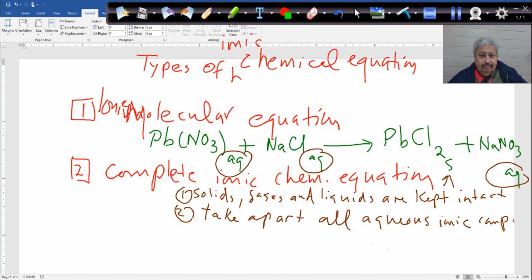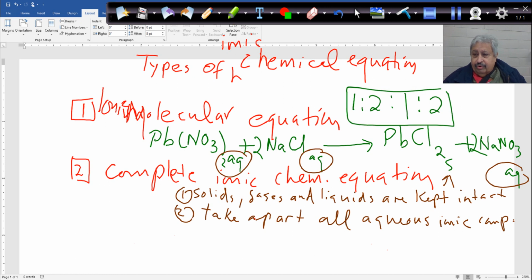Then I have here lead. This is 2 here, by the way. And we have to balance it. So 2 chloride, I put 2 here, correct? And I have nitrate 2, sodium 2, so I put 2 here. So this is 1 to 2 to 1 to 2. This is the mole ratio or coefficient ratio. So let's look at this. This has AQ. This one has AQ. This one has AQ. Let's take it apart.